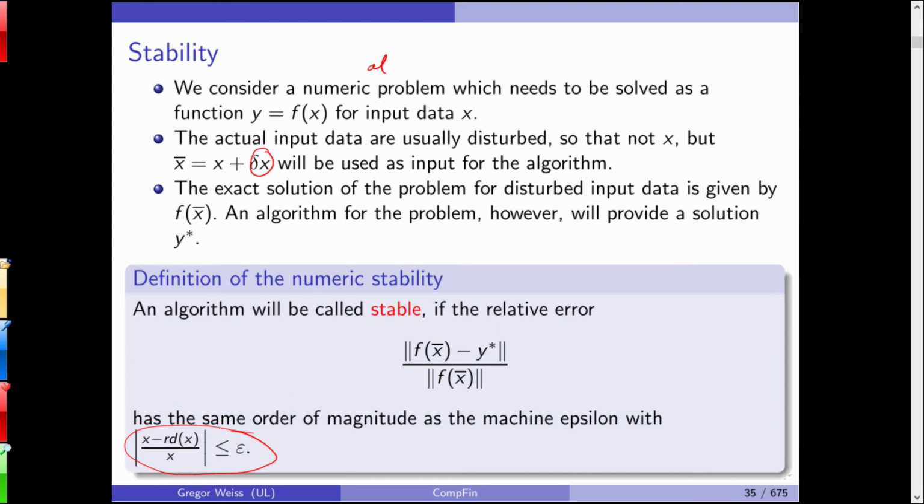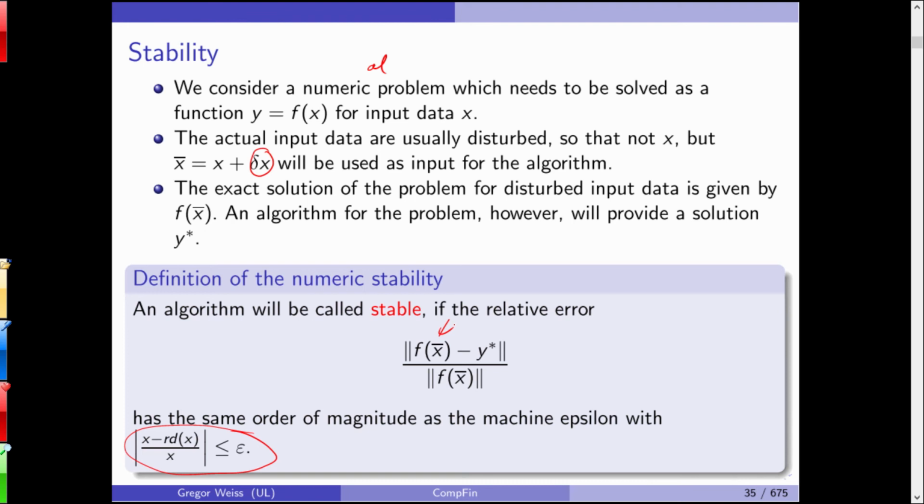The relative error you can see here is what? If the algorithm is working properly, you would get f of x bar, and our observed result is y star, compared to what we would expect. So this relative error only gives you the error that is included in the final result due to the errors in the algorithm. It's not the full error, because we are assuming that we start with the erroneous data in the first place.